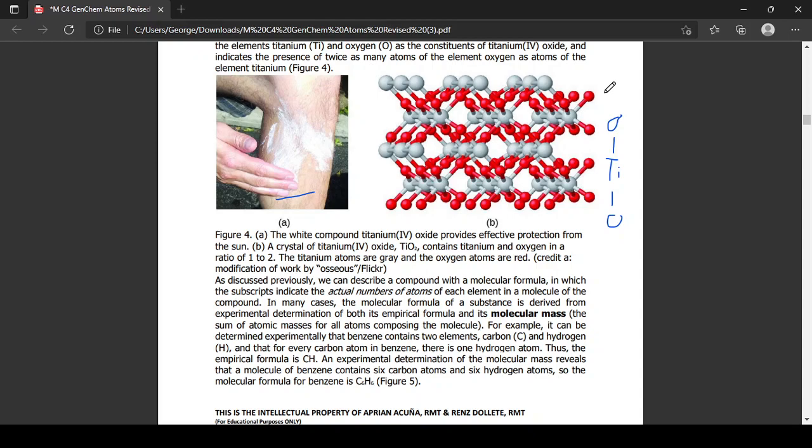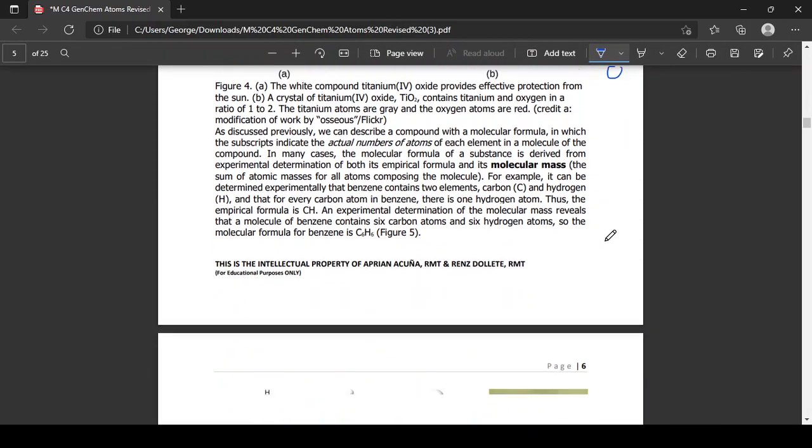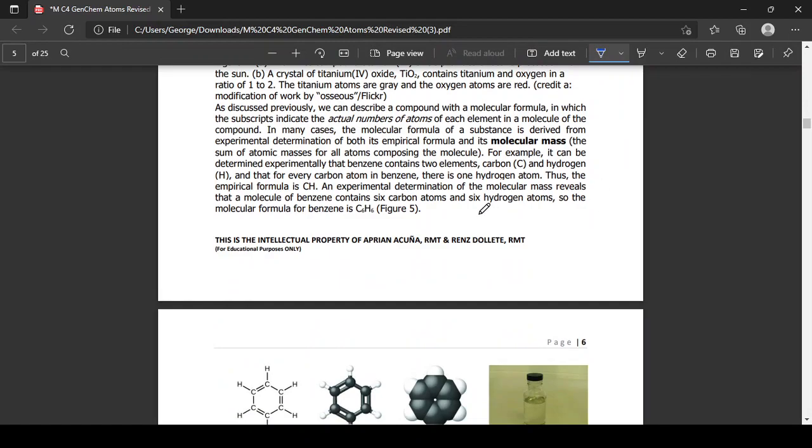Thus, the empirical formula naman sa aton na carbon and hydrogen is therefore CH. An experimental determination of the molecular mass reveals that a molecule benzene contains 6 carbon atoms and 6 hydrogen atoms. So, the molecular naman sa aton na benzene, molecular formula is C6H6.